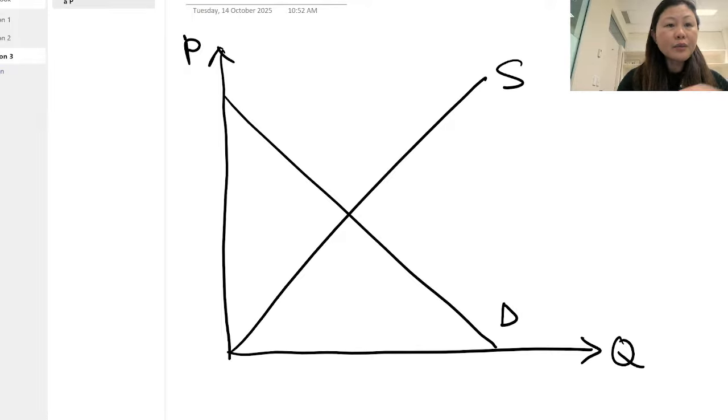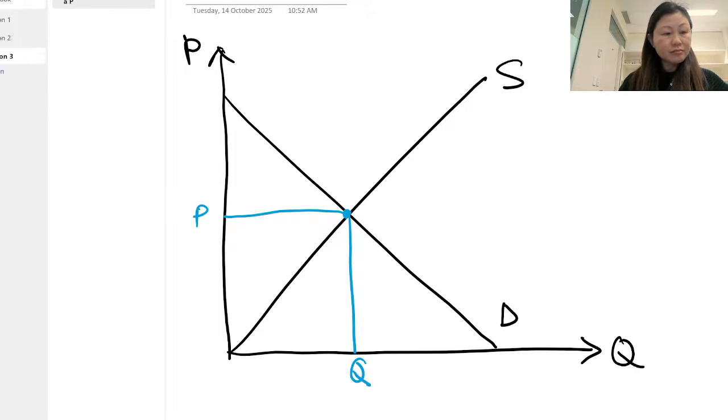Now, the first thing that we're going to look at is we're going to find the equilibrium price and equilibrium quantity. Now this topic is about price ceiling.